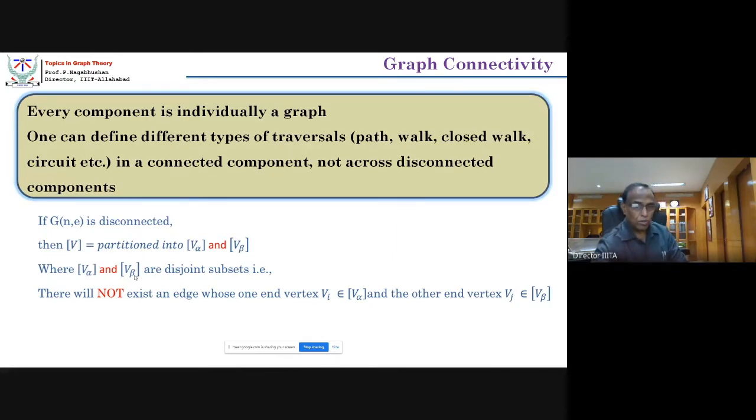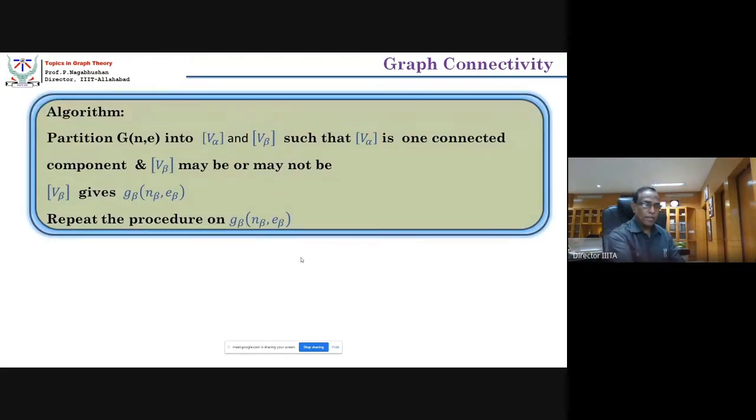So proceeding further, what can be the algorithm? Just now I have told you, partition the graph G(N, E) into two sets of vertices. You recall, graph is a set of sets. One is a set of vertices, another is a set of edges.